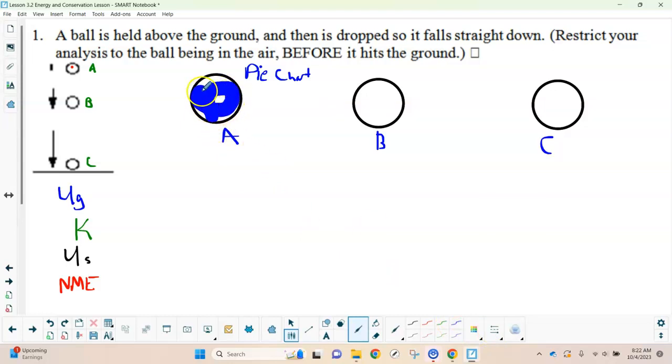Why is it all blue? Because it's gravitational potential energy, and it's starting out being held. If it's being held, it's not moving. It's just stationary.